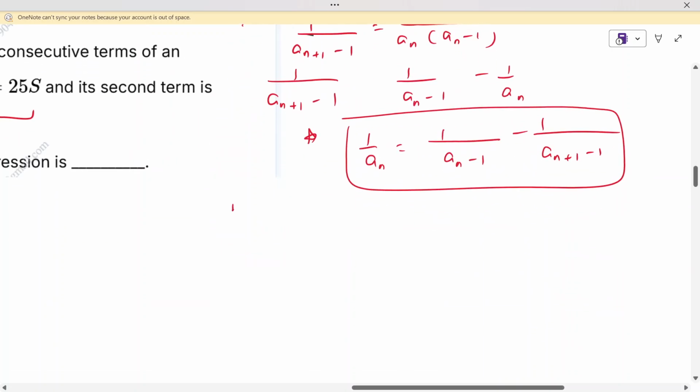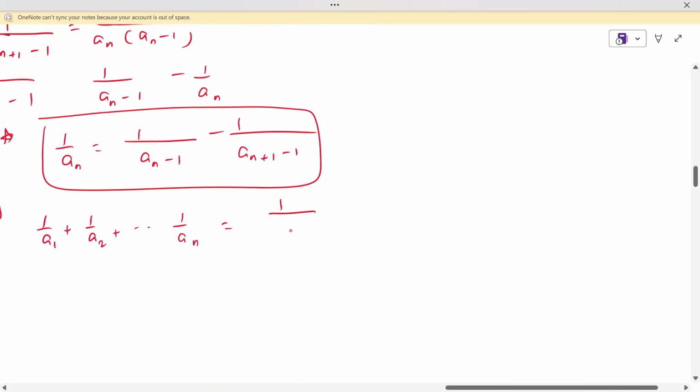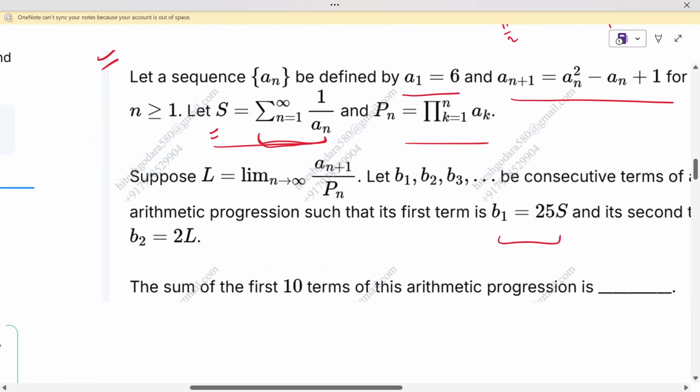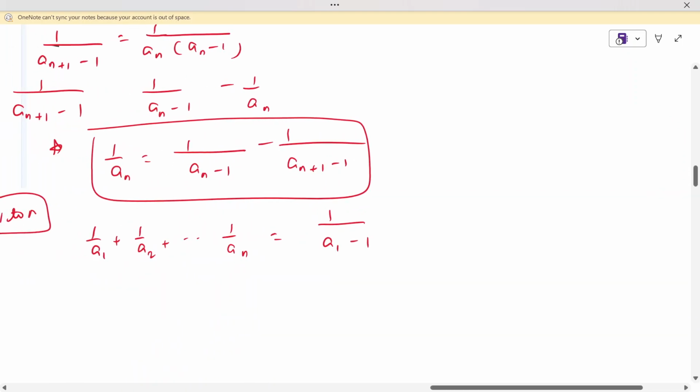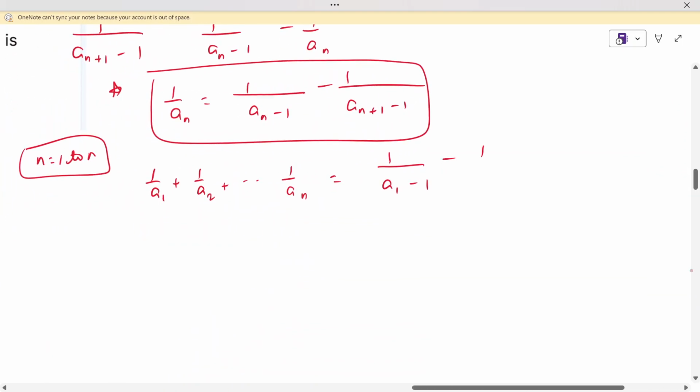Let us go from n equal to 1 to n and take the sigma. On the left hand side it is 1 by A1 plus 1 by A2 till 1 by An, and on the right hand side it will be 1 by A1 minus 1, minus 1 by A2 minus 1, plus 1 by A2 minus 1, minus 1 by A3 minus 1, and so on. Here n is greater than or equal to 1.